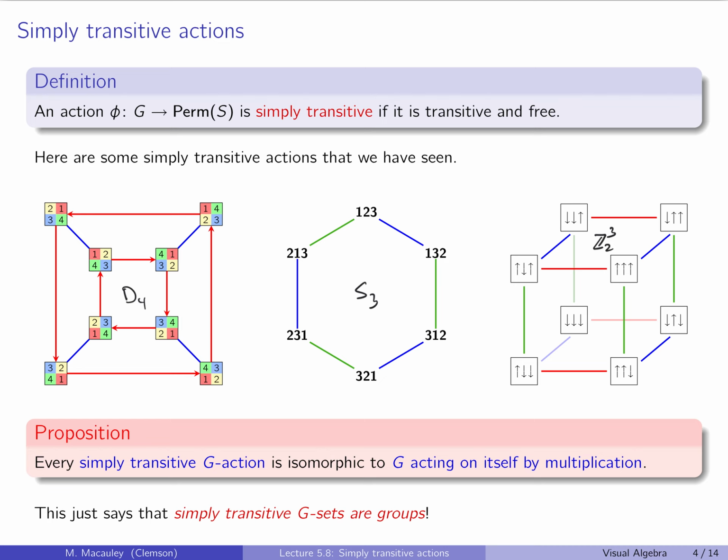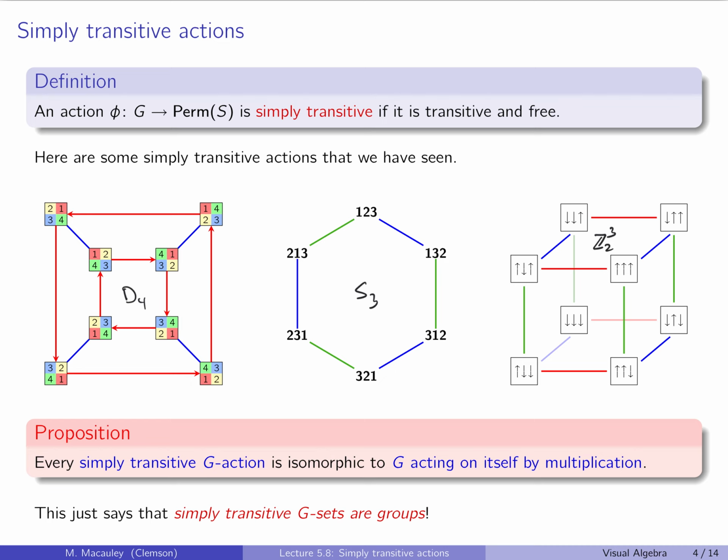What do you notice? These are all Cayley graphs, and there's a reason for that. Every simply transitive G action is isomorphic to G acting on itself by multiplication. Remember, my term isomorphic for action means that the actions are equivalent, and the isomorphism between the corresponding groups is the identity map.